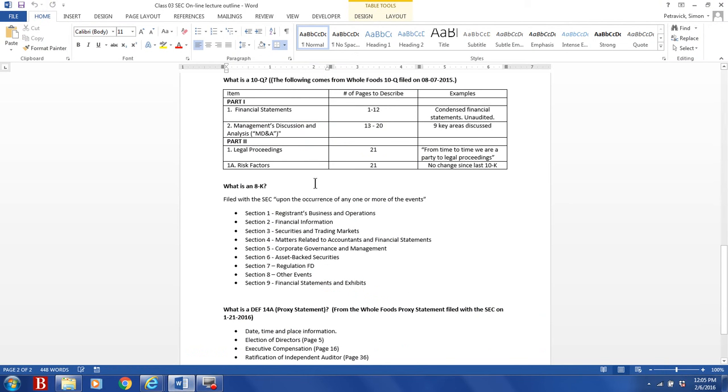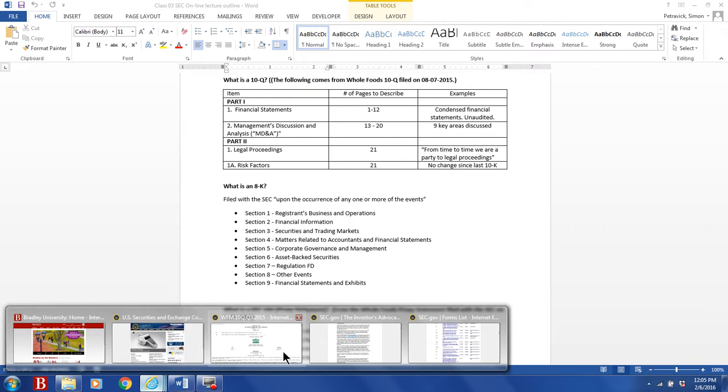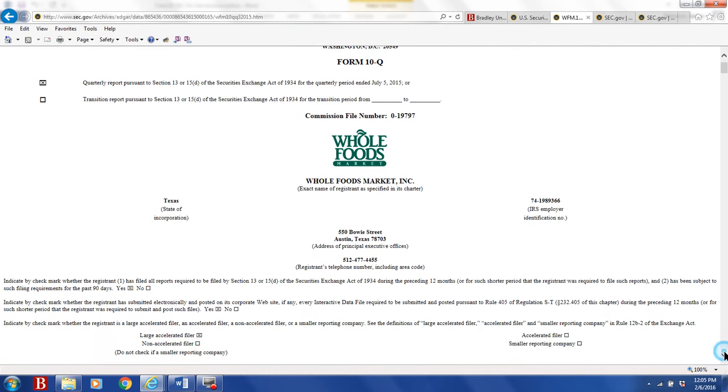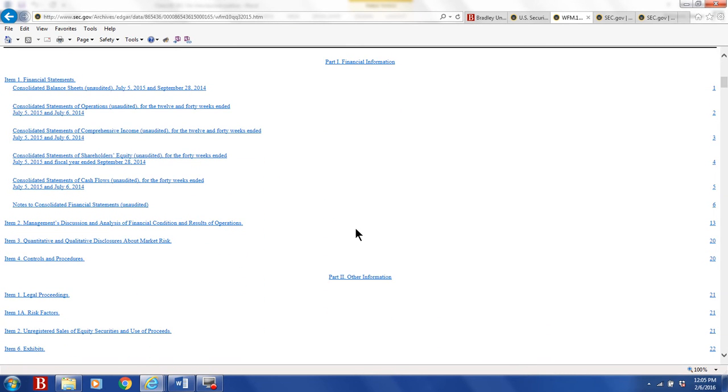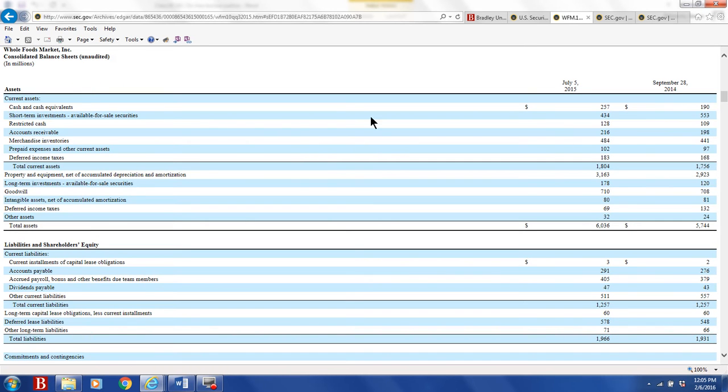And the first thing that we'd like to talk about would be the information that it gives you for financial statements. So just like the 10K, there is a table of contents. Here I can see listed different types of financial statements: balance sheet, statement of operations, statement of comprehensive income, and so forth.